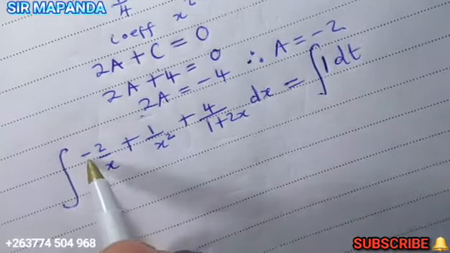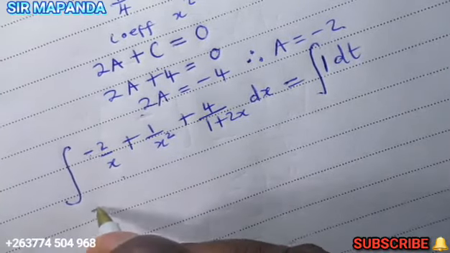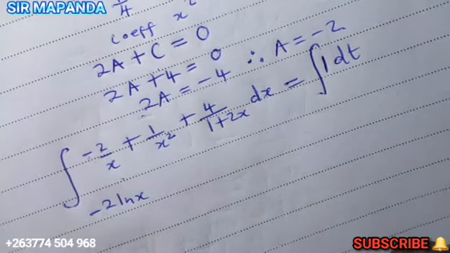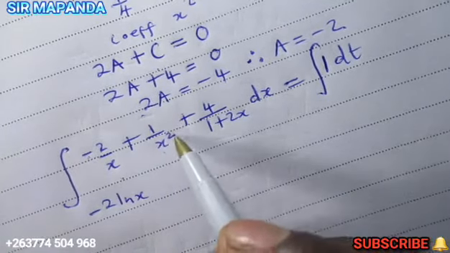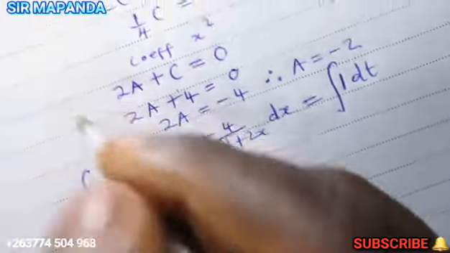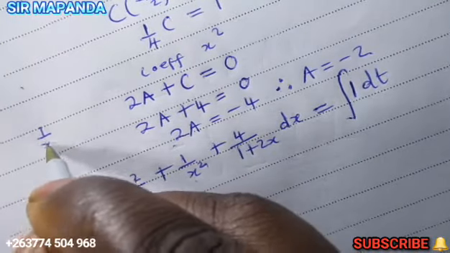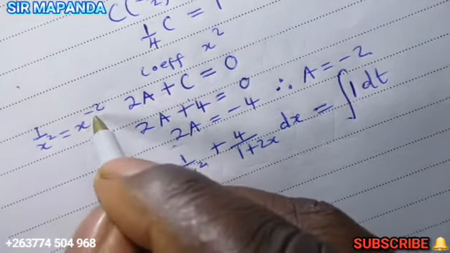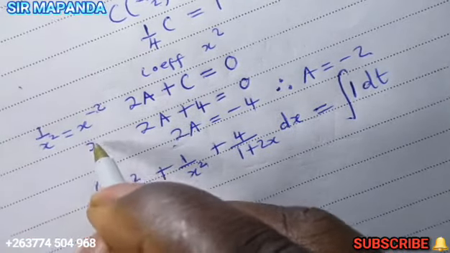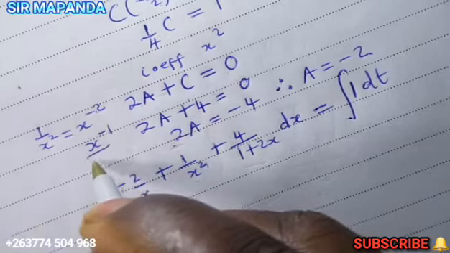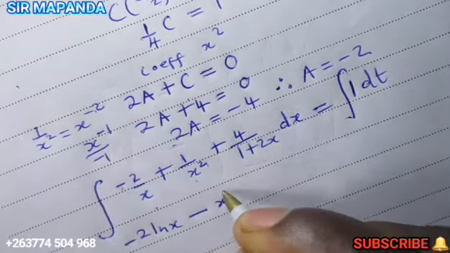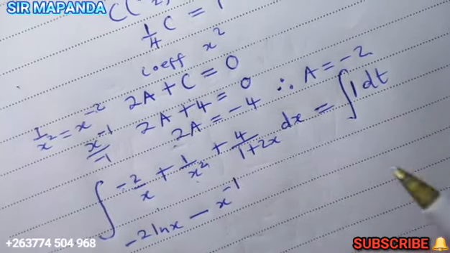So the integral of minus 2 over x is minus 2 ln x, right? Then for the integral of 1 over x squared, you start by expressing 1 over x squared as x to the power of minus 2. So if you add 1 to minus 2, you get minus 1, then you divide by minus 1. So you get minus x to the power of minus 1.